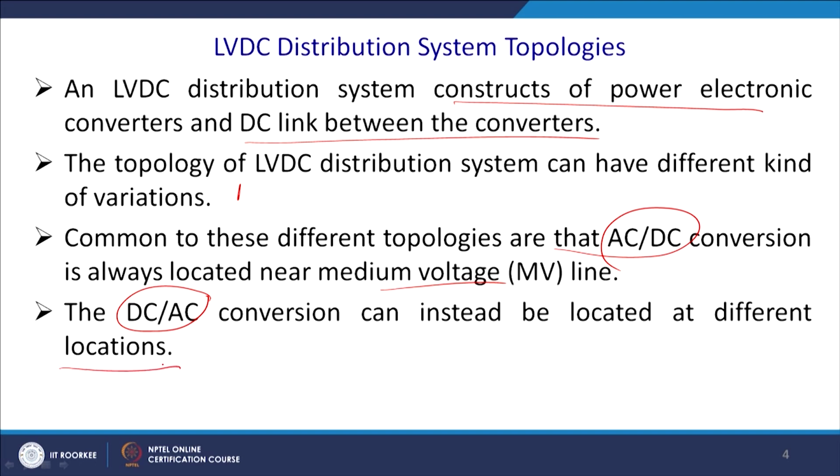So, these are a few issues, and you have to take that power from this point of conversion to the point of load, and thus we have different kinds of topologies.